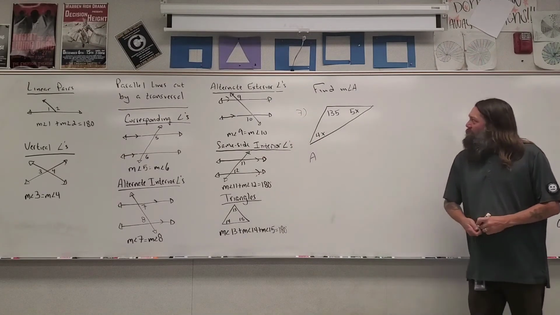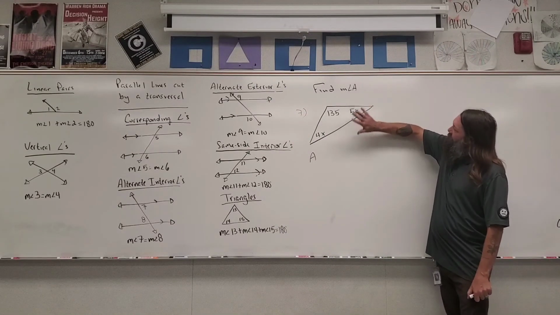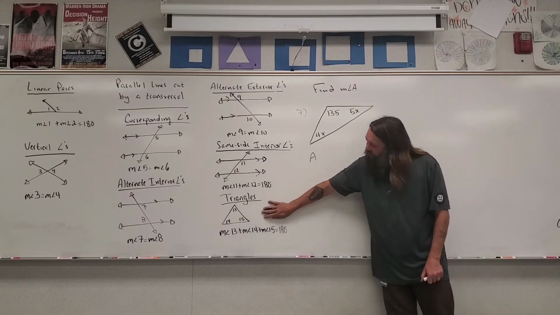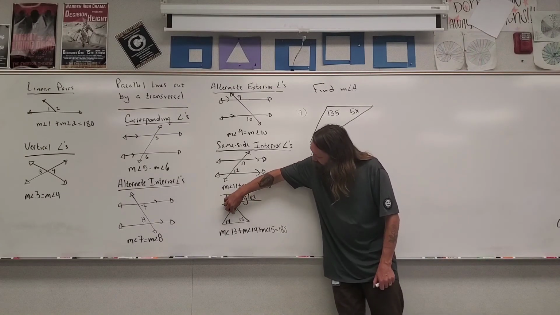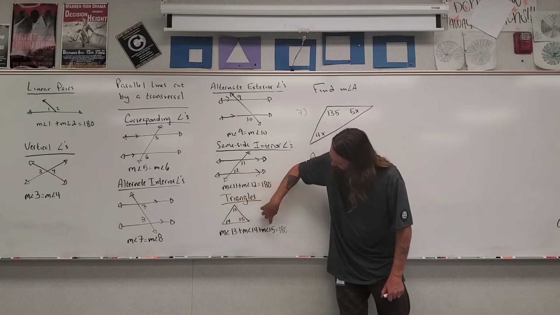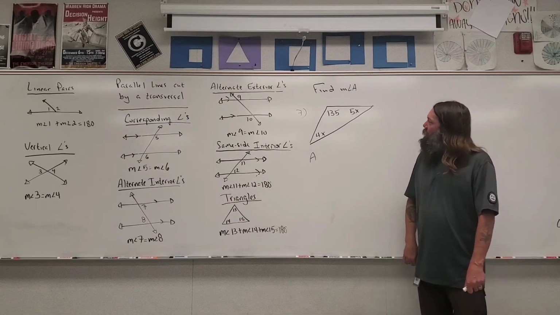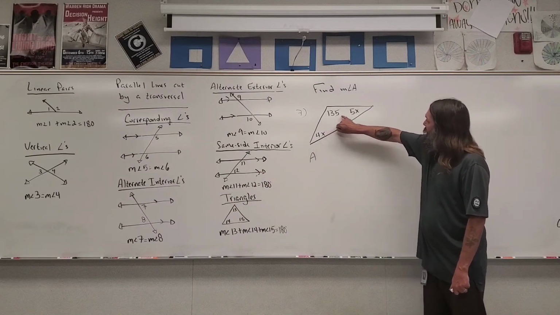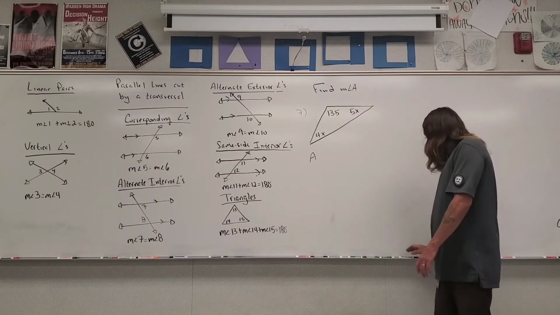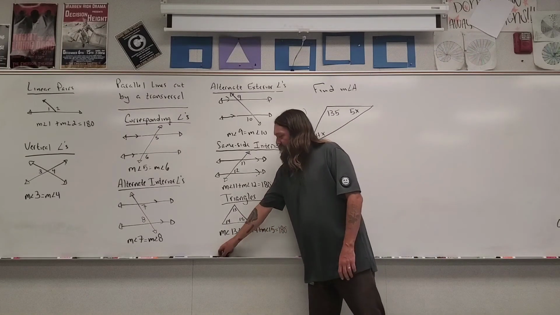So we're going to find the measure of angle A for problem 7. Here I have a triangle, and this is what it tells me about triangles. It says that the 3 angles of a triangle add up to 180 degrees. So that means that this angle, this angle, and this angle all together will add up to 180 degrees.